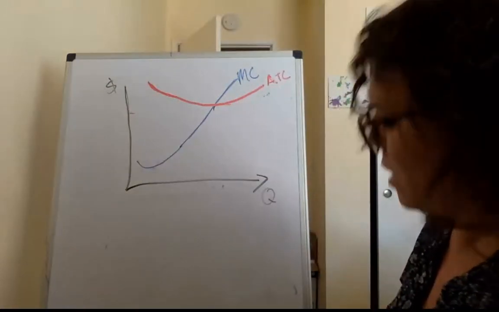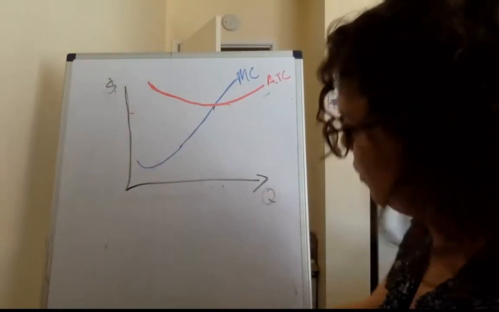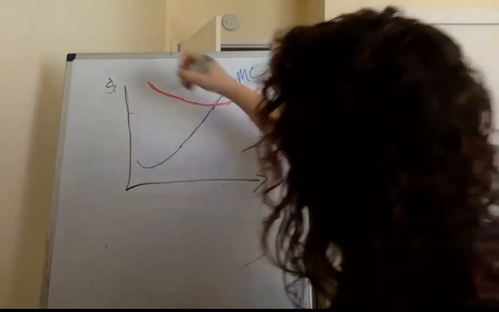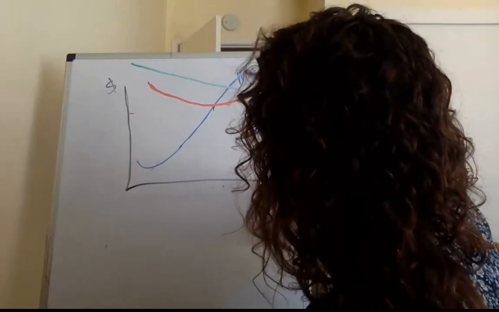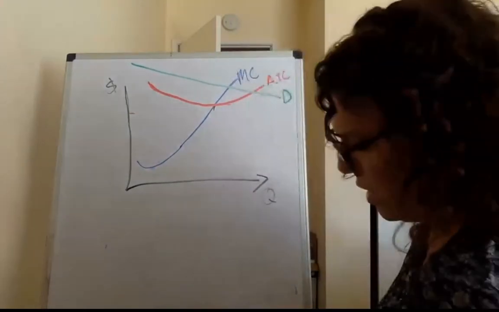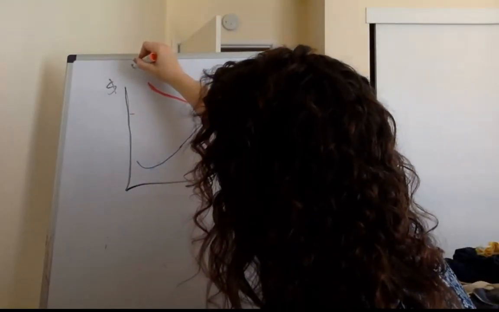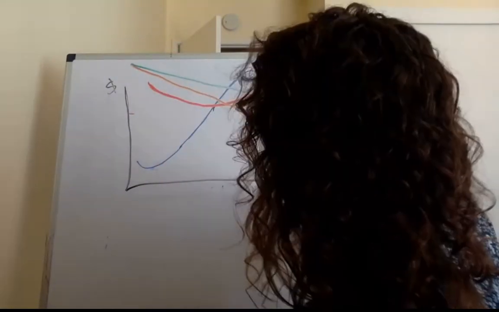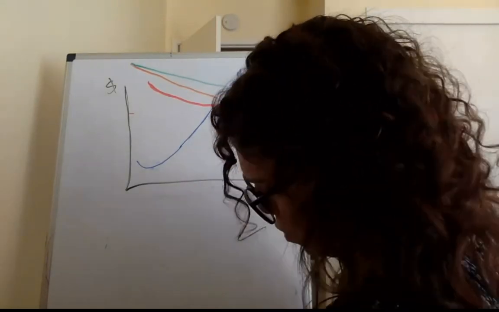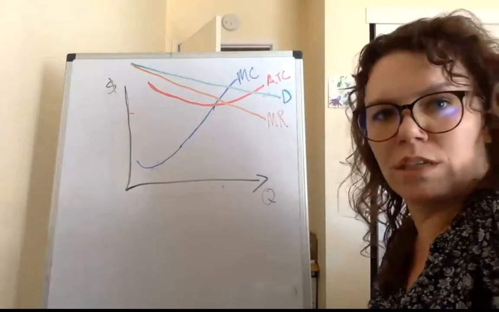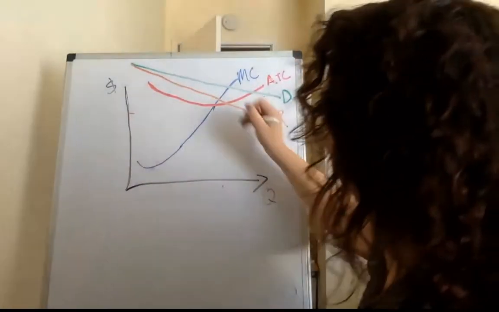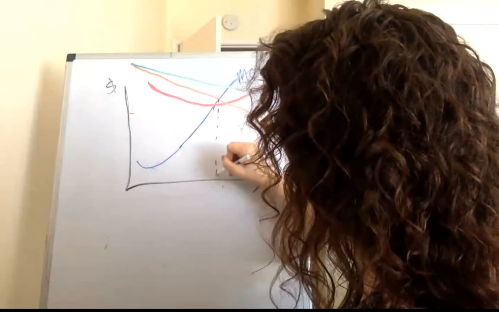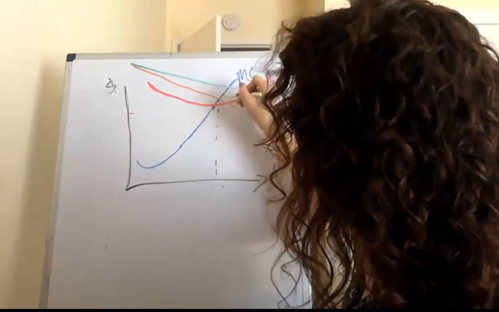So now, let's do it this way. I've got some demand curve here, and then I'm going to have a marginal revenue curve below that demand curve. So I'm going to produce at marginal revenue equal to marginal cost.